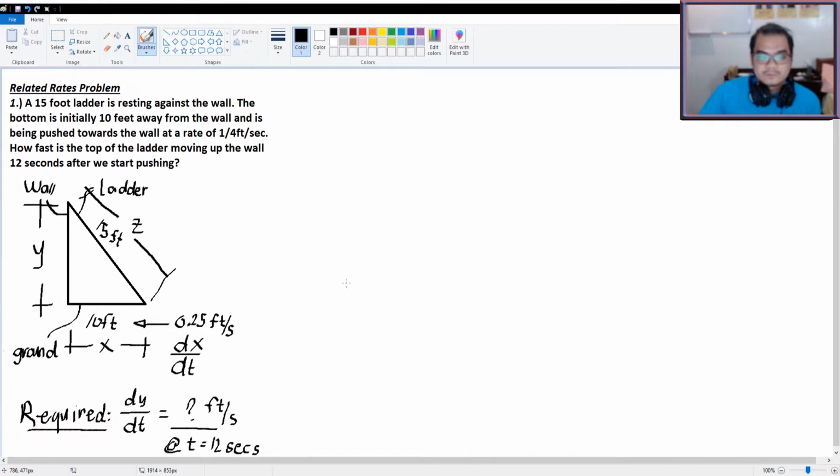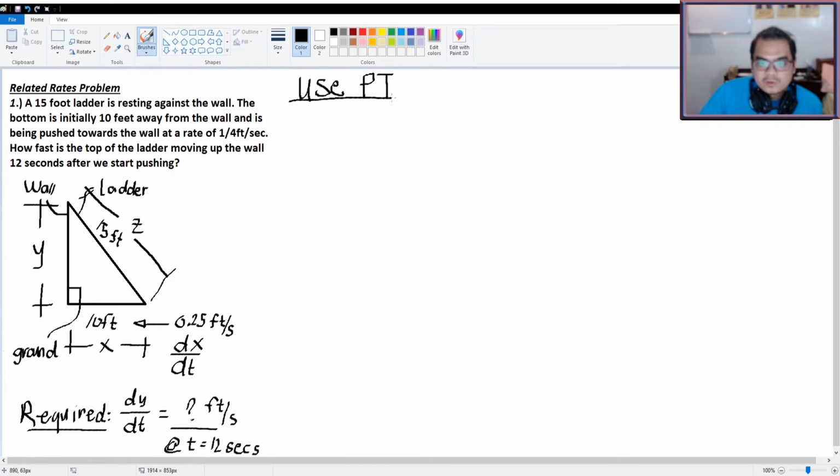Now, first, you must be able to relate x, y, z in one equation. Obviously this is a right triangle, right? For the right triangle, the most popular formula is the Pythagorean theorem.